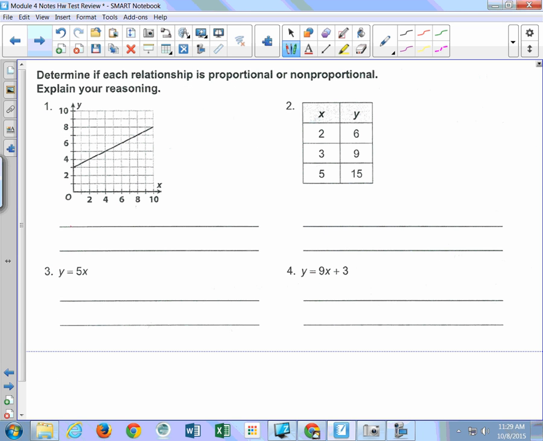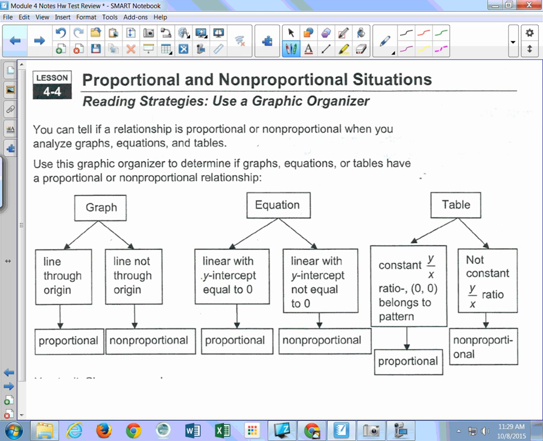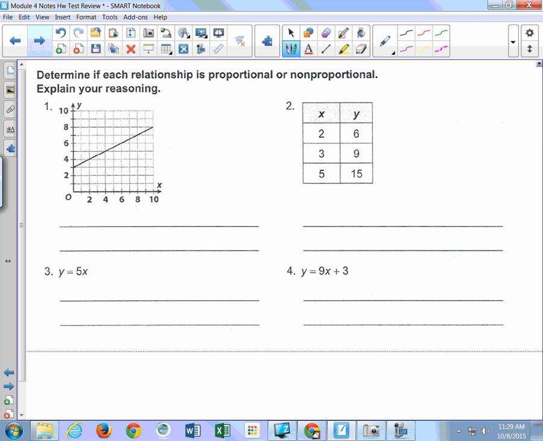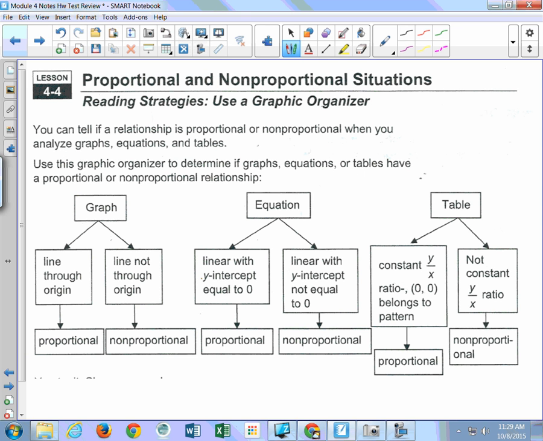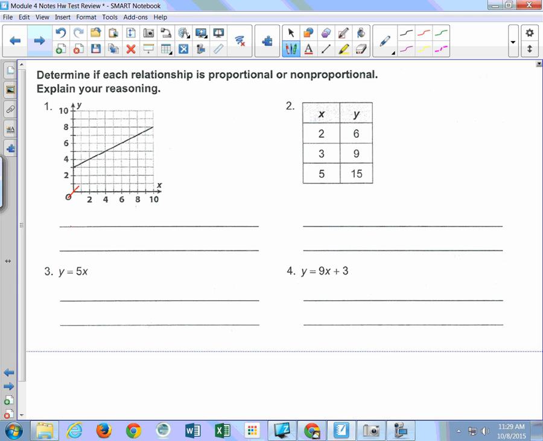Number 1, determine if each relationship is proportional or non-proportional. Explain your reason. So I'm looking at a graph, and I'm back on my graphic organizer. I'm looking at the graph, line through origin. Does the line go through the origin? No. So what's the graphic organizer say? Non-proportional.